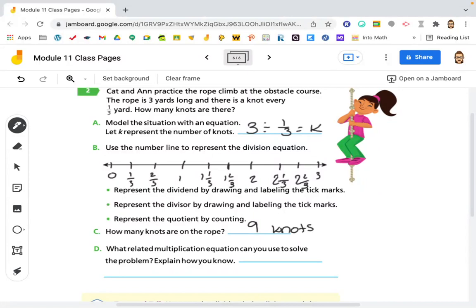This is right. What related multiplication equation can you use to solve the problem? Well, there are 3/3 in a whole, and we have 3 of them, so 3 times 3 equals 9. Let me say there are 3 parts in each whole.